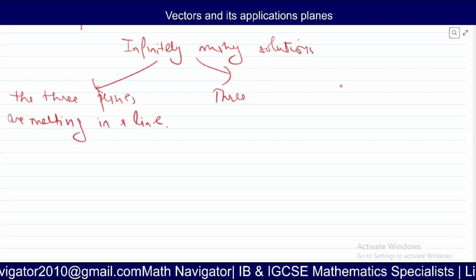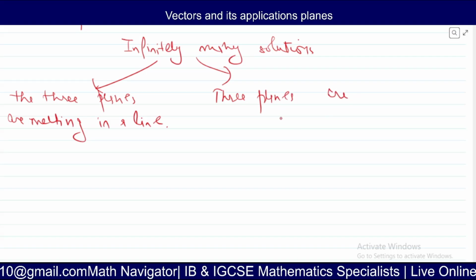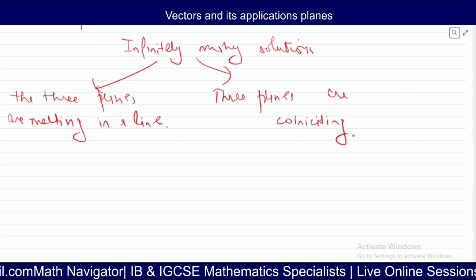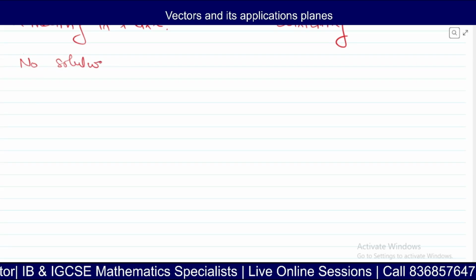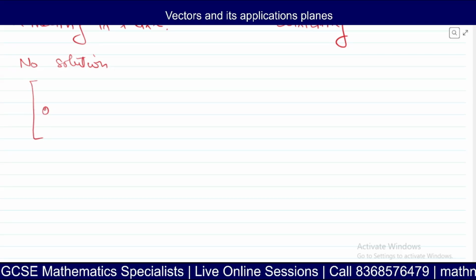There are different conditions for this. So first I'll discuss how to interpret the solutions. So we know no solution. First we'll talk about no solution. When I'm saying no solution, this means the situation is something like this.